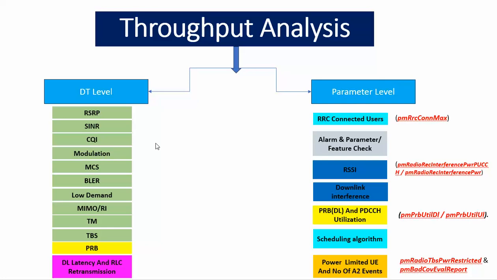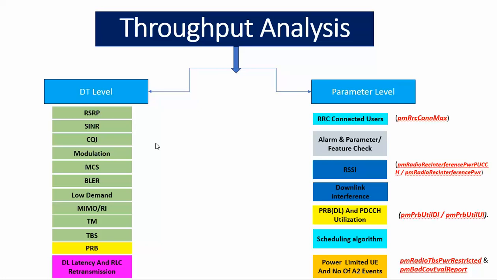So we need to check BLER, and also find out why we are getting BLER. We need to check interference. Interference is of two types: external interference or internal interference. I will discuss that in the next video.